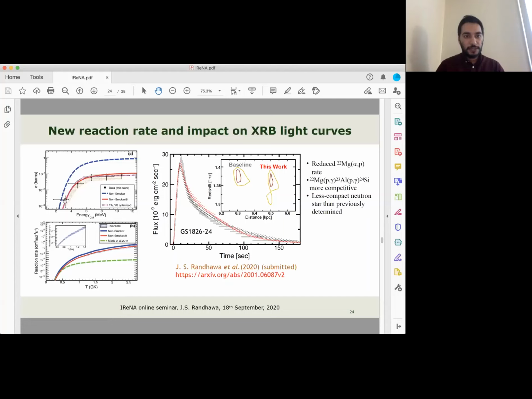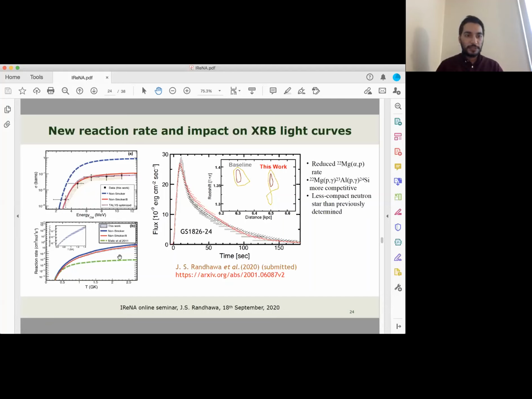What we see here is that if we divide the NON-SMOKER rate by 8, that is, take it 8 times lower, that can somewhat explain our data. But what we did is optimize the Talys parameters to fit our data here, and then use that extrapolation to get the reaction rate at lower temperatures or lower energy.